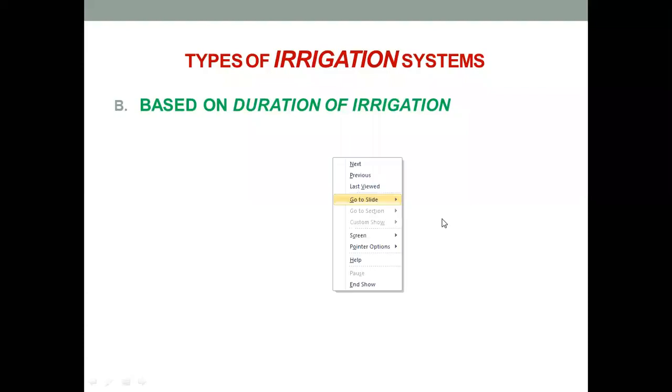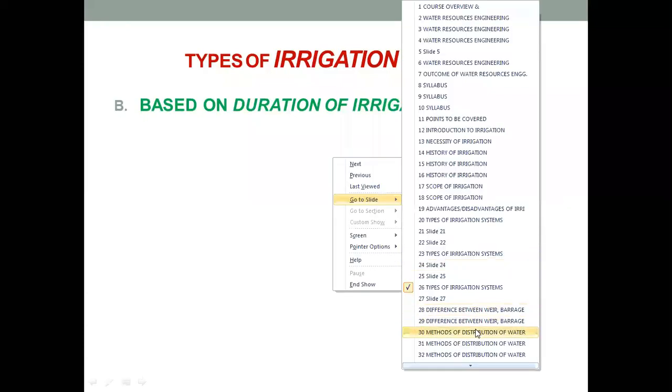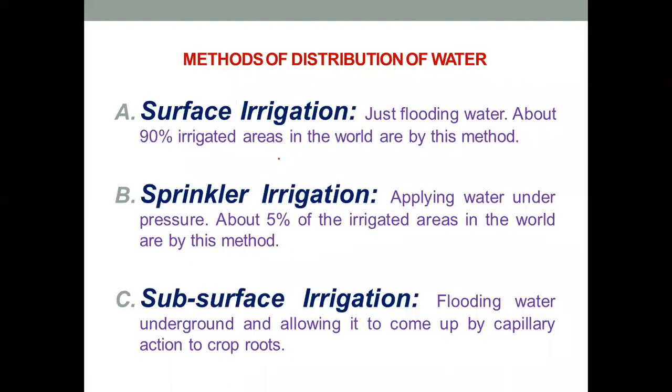Next, we studied the difference between a weir, a barrage, and a dam. Then next we started with methods of distribution of water. In the methods of distribution of water, there are three types of methods. They are surface irrigation method, first one.